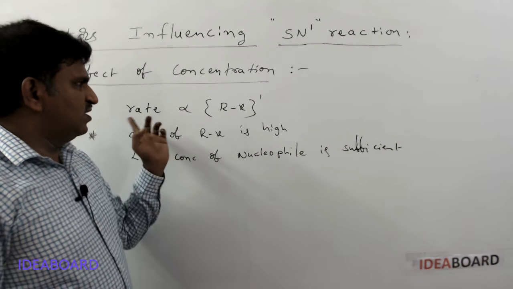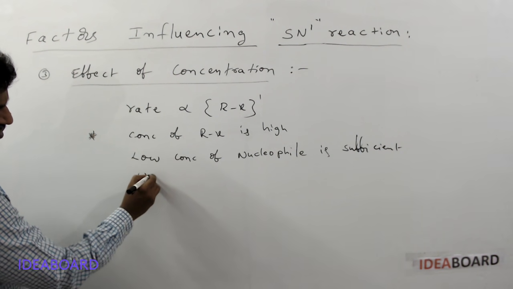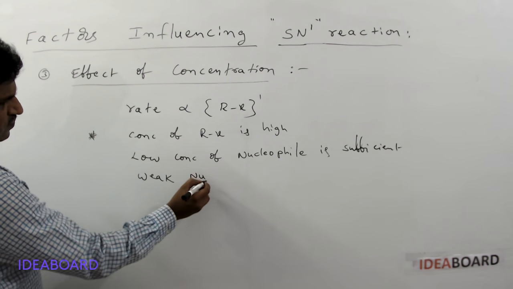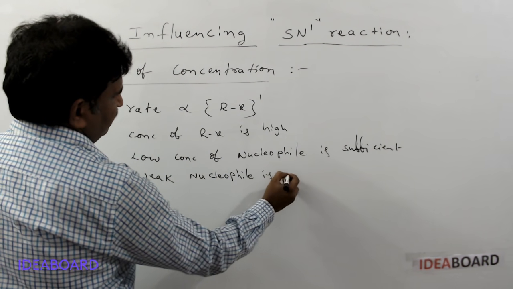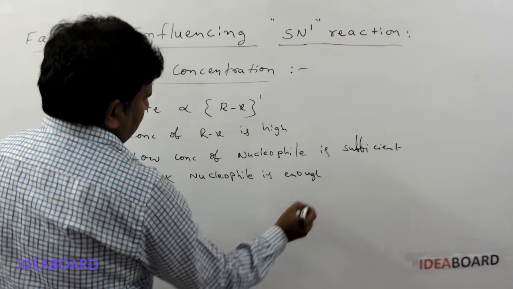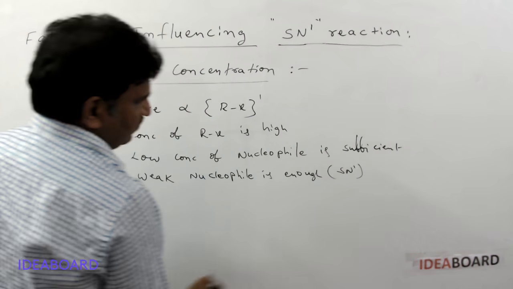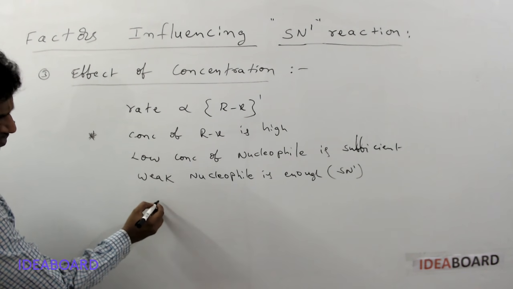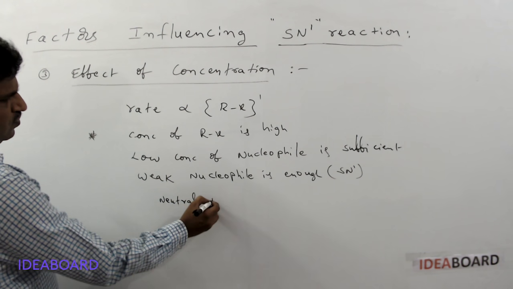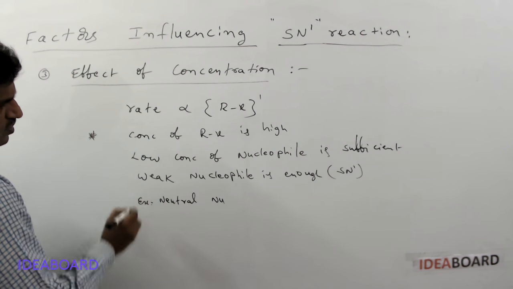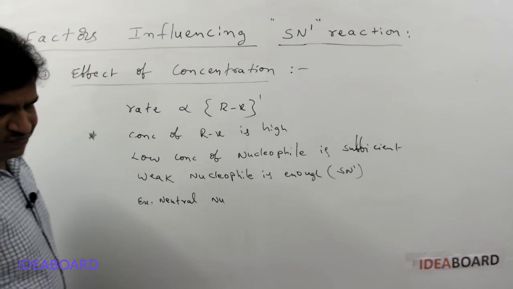But the nucleophile is not in the rate equation, so the nucleophile can be in low concentration, and moreover, a weak nucleophile is enough for SN1 reactions. What are weak nucleophiles? Generally, neutral nucleophiles. Neutral nucleophiles are weaker than negatively charged nucleophiles.